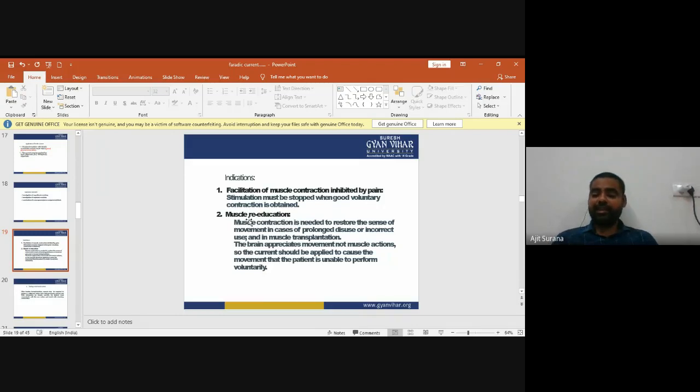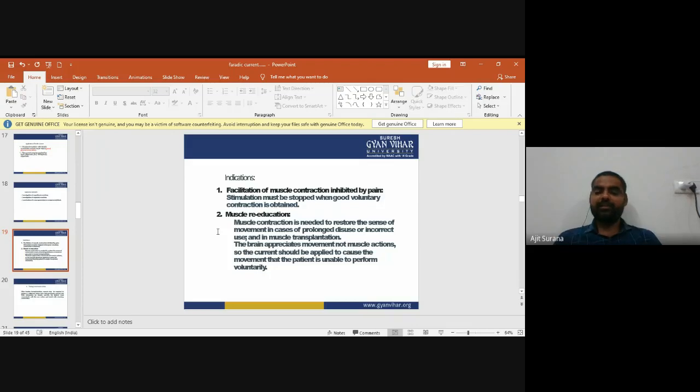Now, the second one is the re-education of the muscles. Muscle contraction is needed to restore the sense of movement in cases of prolonged disuse or incorrect use, and in muscle transplantations. The brain appreciates movements, not muscle actions.